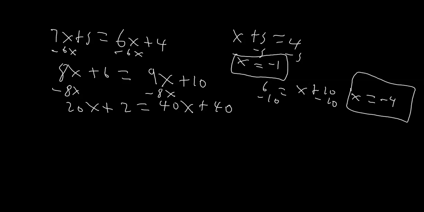Okay. Now, for this equation here, it's a bit tedious, but as long as you have all your terms with variables on one side and all your terms that are just constants on one side, it's not that hard. Let me show you why. For example, if we just start off with 40 here, right? Subtract 40 on both sides, and then we have -20x plus 2 is equal to 40.